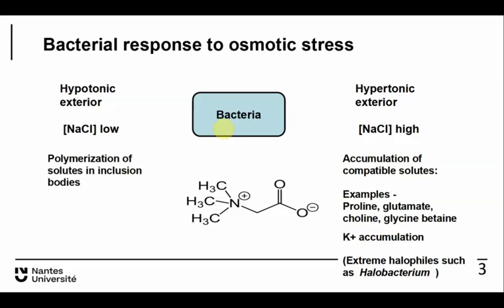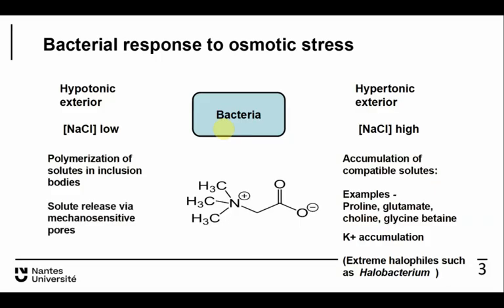So what they do is to try and reduce the osmotic force inside the cytoplasm that's pulling this water in. So instead of having these compatible solutes as simple monomers, they'll polymerize them into inclusion granules. And these don't exert osmotic force.